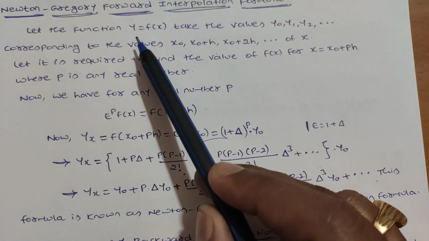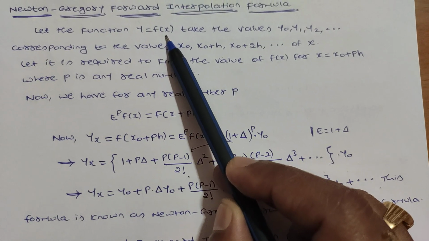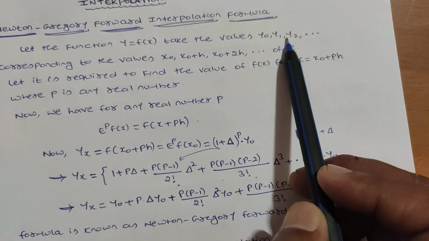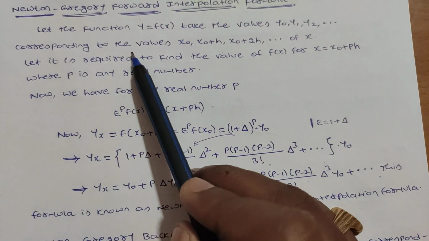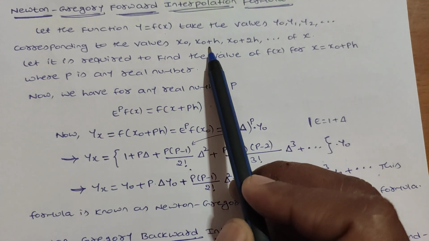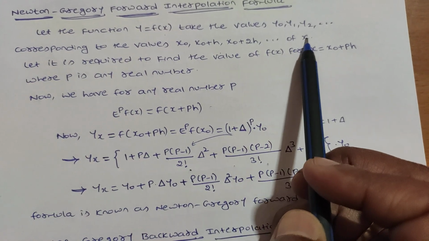Let the function y equals f of x. Suppose it takes the values y0, y1, y2, etc. corresponding to the values x0, x0 plus h, x0 plus 2h, etc. of x.